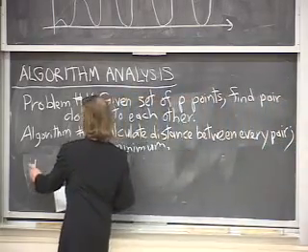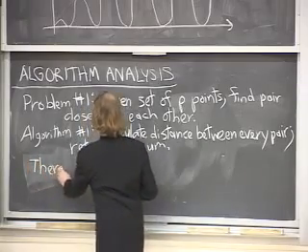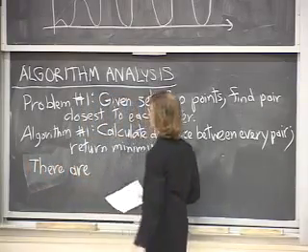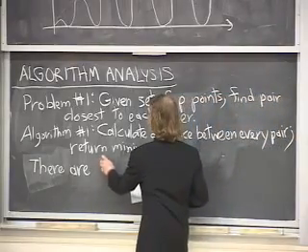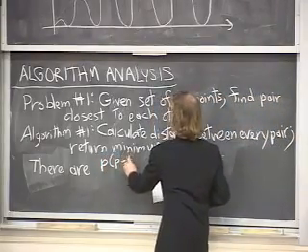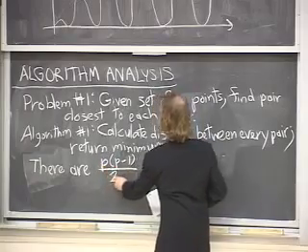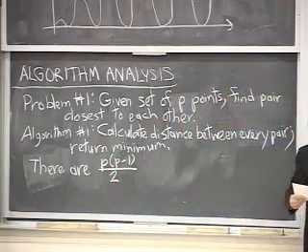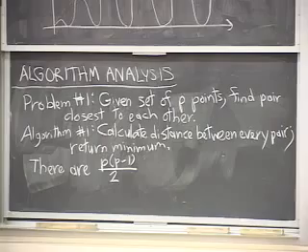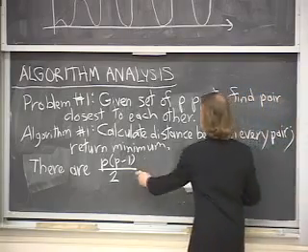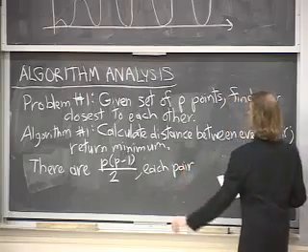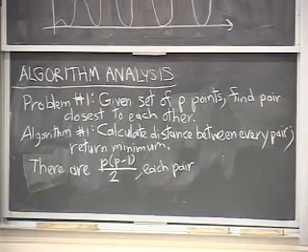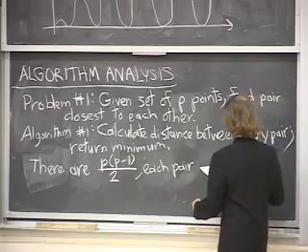Well, first of all, we need to know how many different pairs there are. Hopefully most of you have seen enough math to know that the number of pairs is p times p minus 1 over 2. And so that's quadratic in p. Now, each pair needs to be compared and have their distance calculated, but calculating the distance between a pair of points takes constant time, basically, if they're just 2D or 3D points.